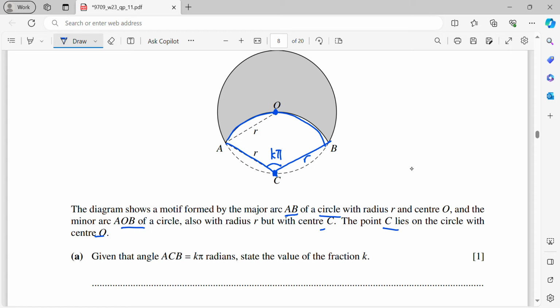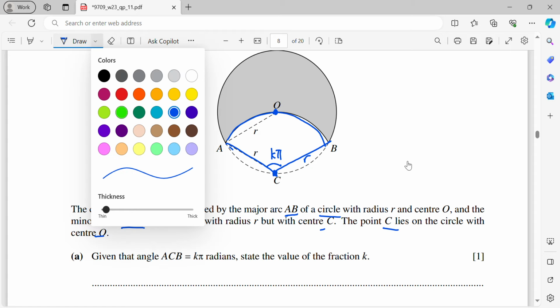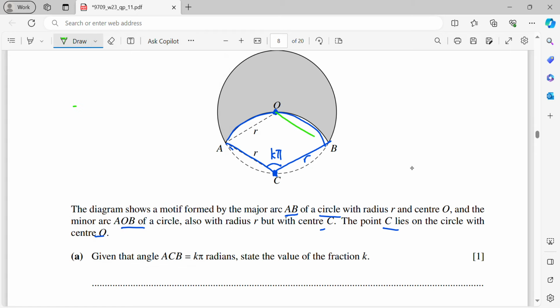Okay, so now we know that the central angle, which is here, because O is the center, is double, or twice, any subscribed angle subtended by the same arc.